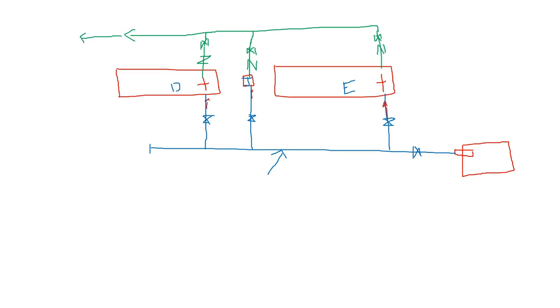Fine. And now coming back to the fire department connection, we will consider one line and it will go to the fire department connection. We will install one non-return valve in the FDC line.